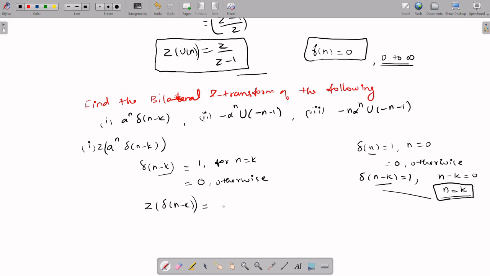You have to go for the bilateral Z transform, isn't it? So the summation, n is equal to minus infinity to plus infinity, of delta of n minus k into z power minus n. Why are we applying the limit minus infinity to plus infinity? We are asked to find the bilateral Z transform of the following functions. That's why we put the limit as minus infinity to plus infinity.